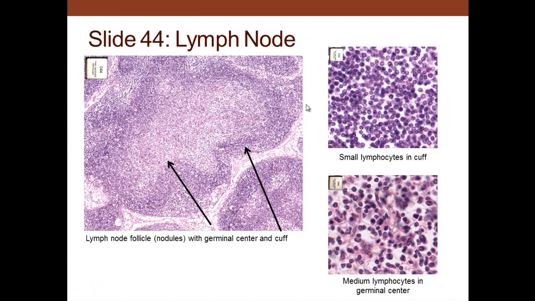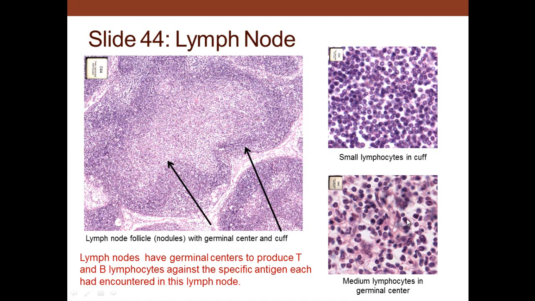Again, we can see a lymph nodule or follicle with a germinal center and the cuff around the outside of there with small lymphocytes in the cuff, and we can see medium type lymphocytes in the center. And this is a germinal center because there's mitotic activity that goes on in through.